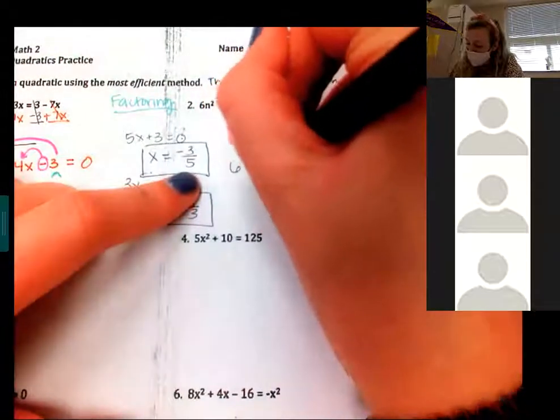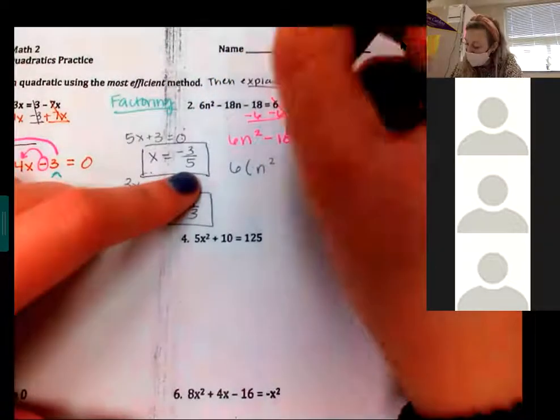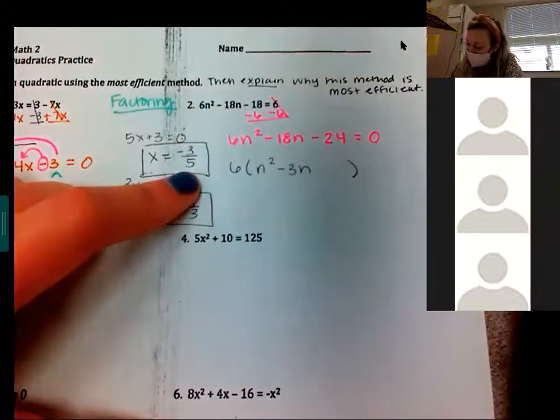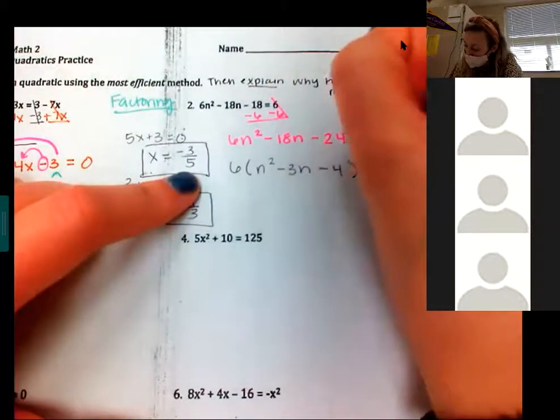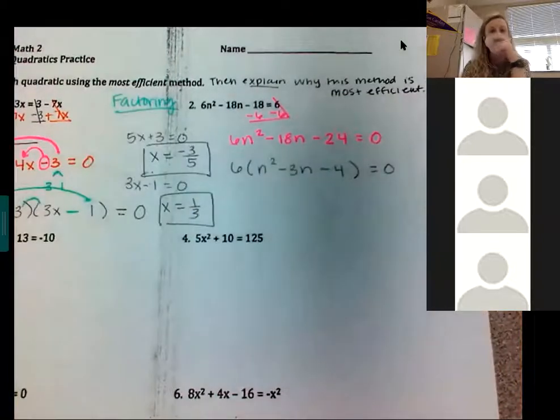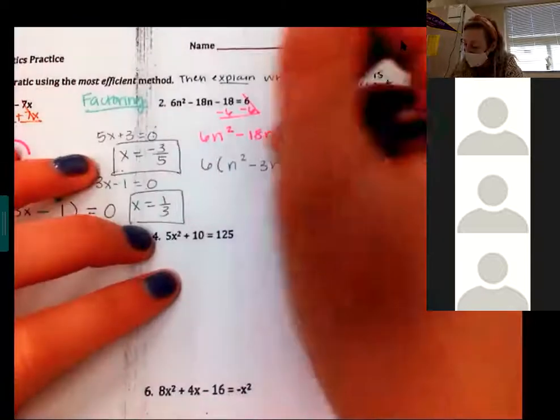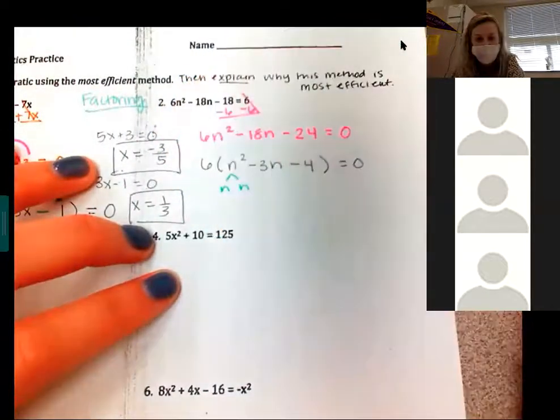N squared. Minus 3n, good Henry. Minus 4, good Haley. Equals 0. Now, y'all look in those parentheses. Can you factor that quadratic? Yes. Everybody should be saying yes. So people at home, as a review, factors of n squared is just n and n, right?